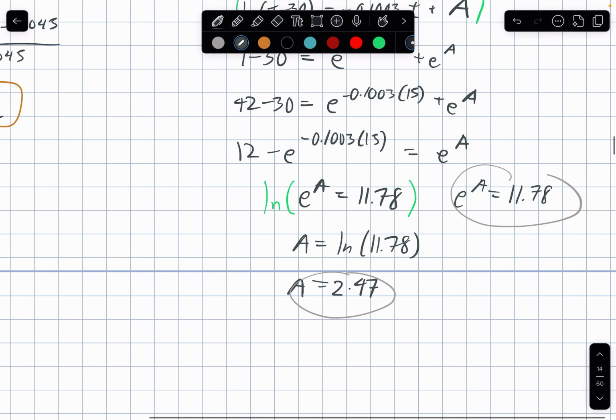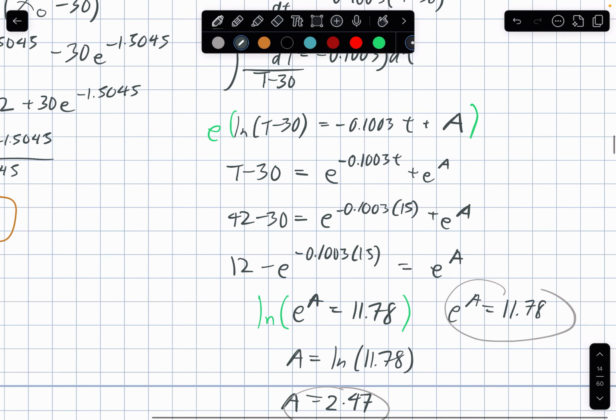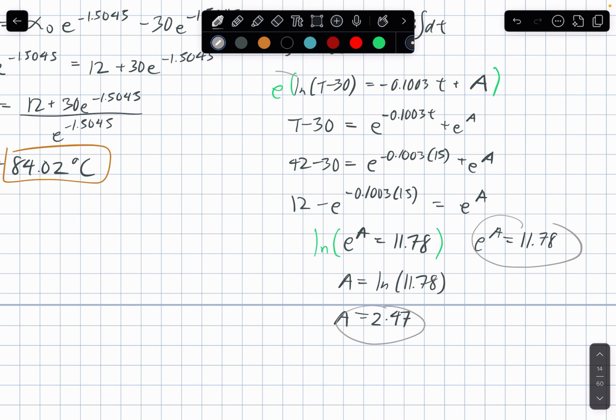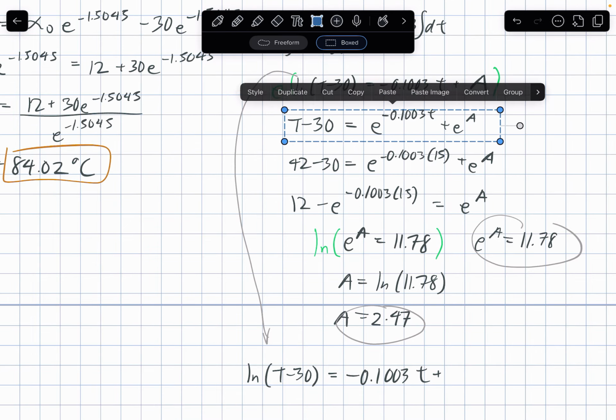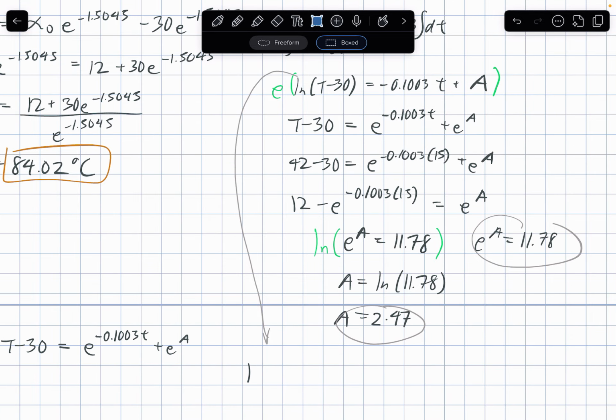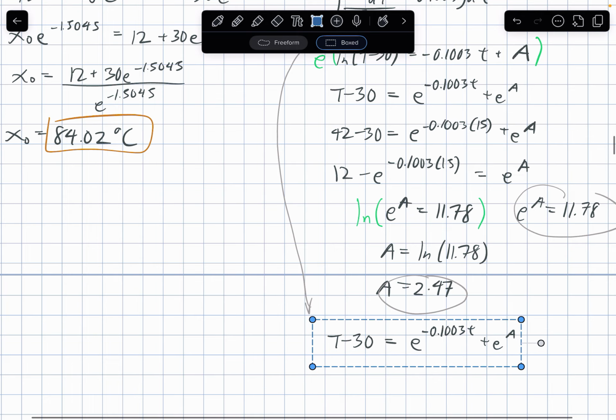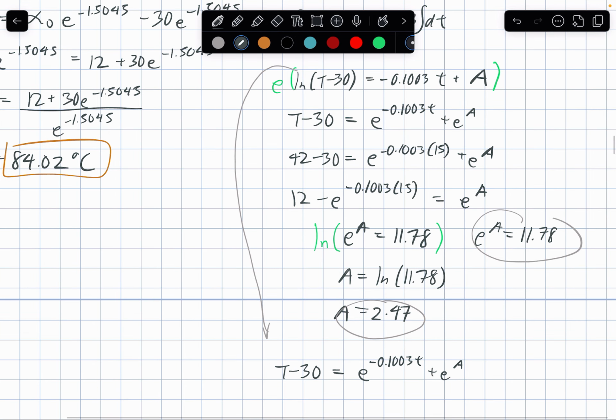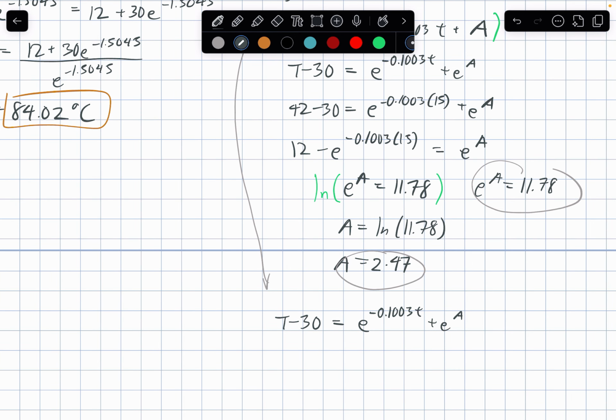We go back to the original equation. ln T minus 30 equal to negative 0.1003 t plus a. Actually, let's just settle with this one. e raised to a is 11.78.